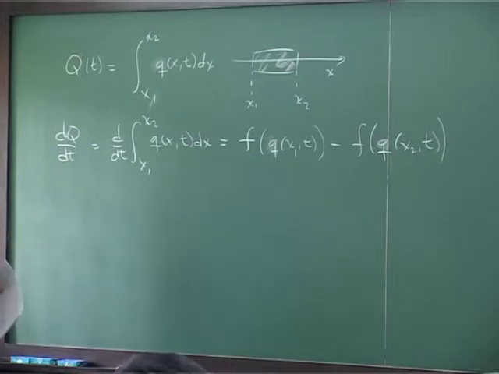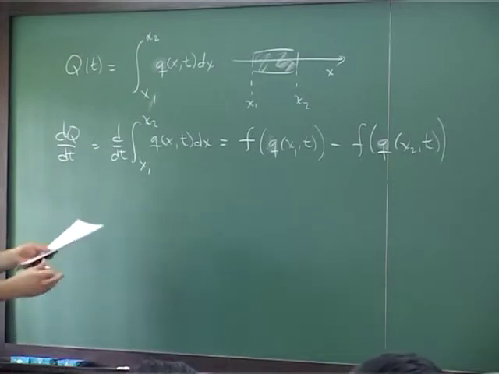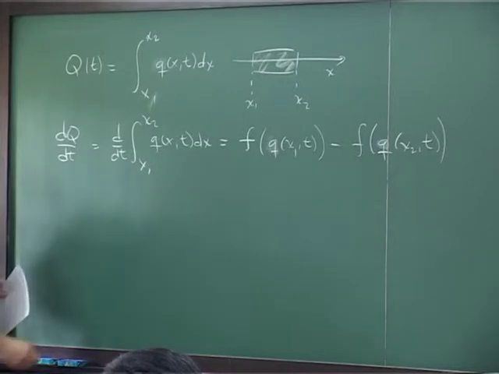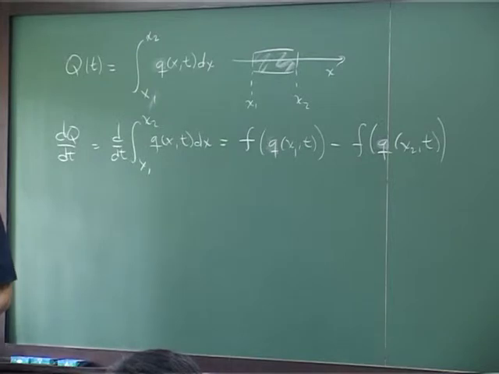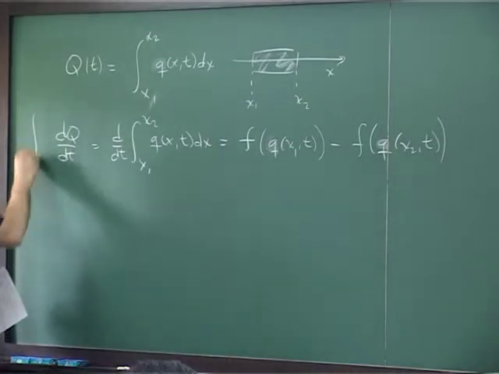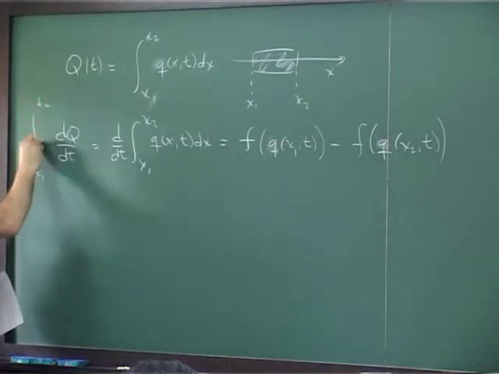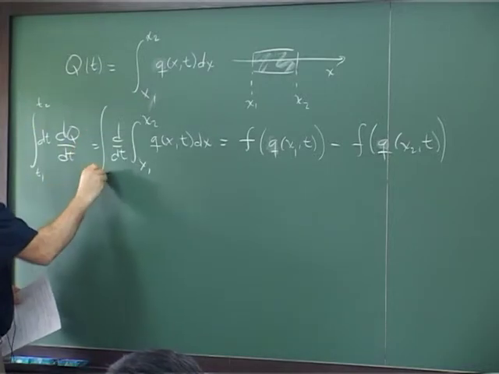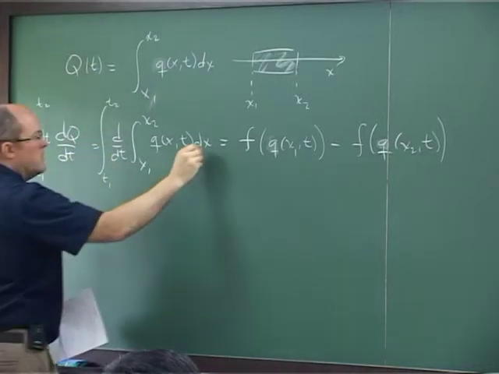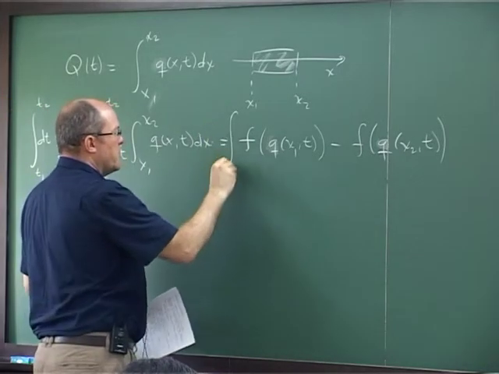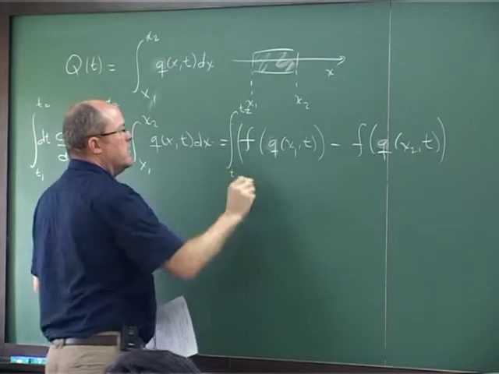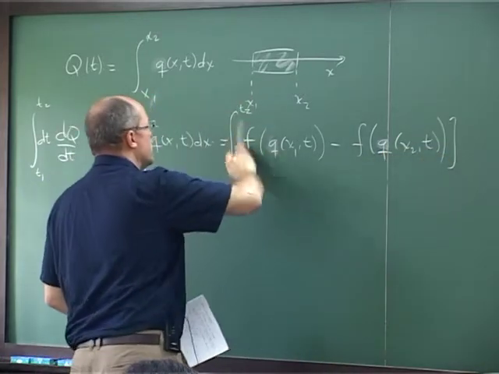If I want to, I could write a formal solution to this problem by simply integrating in time. When I say formal solution, that means I can write down mathematically what the solution will look like. It just means I can't really solve it yet. But I could imagine integrating from time t1 to time t2, with a dt, and the same over here. Let's make those square brackets.